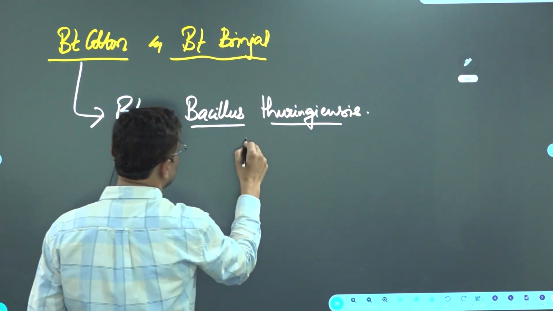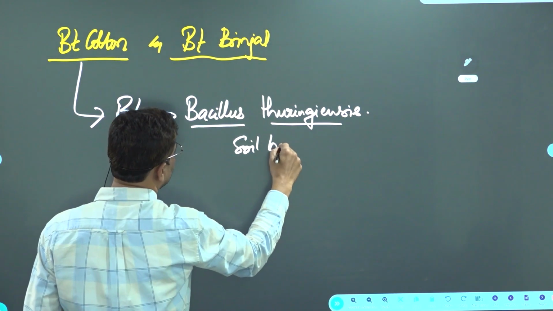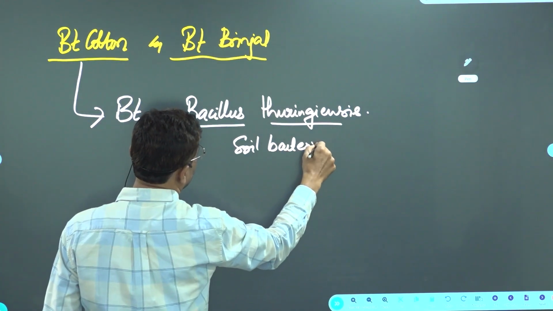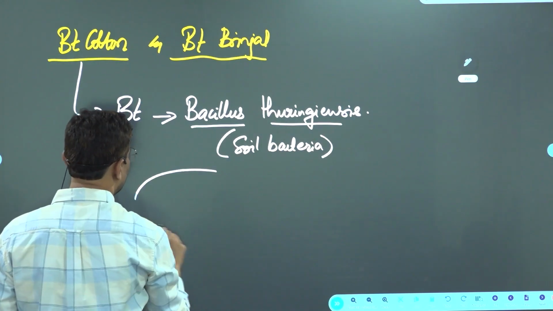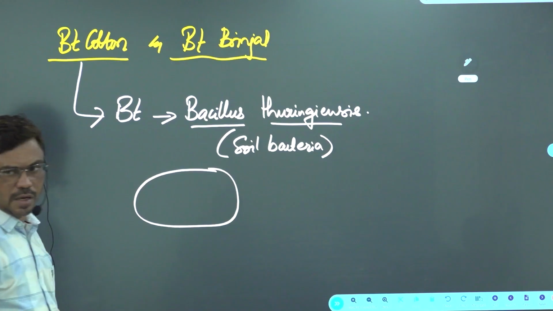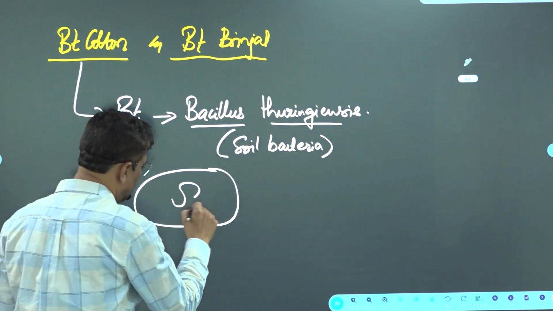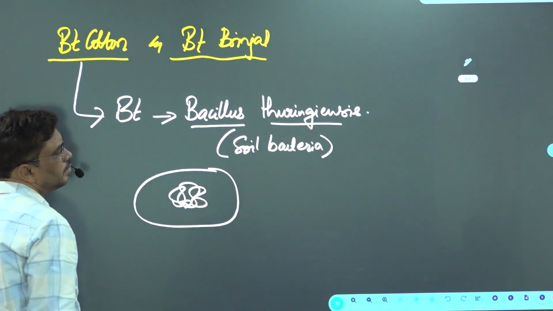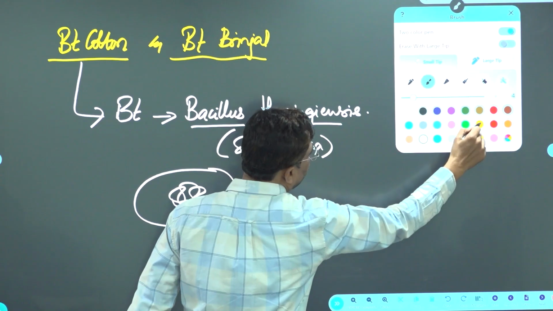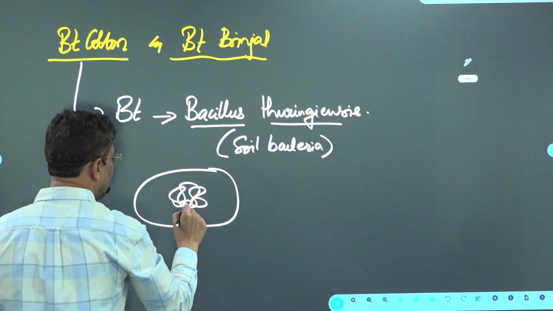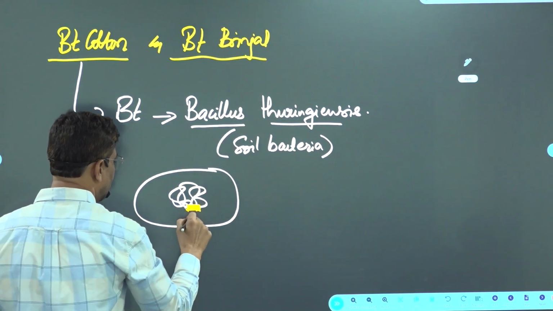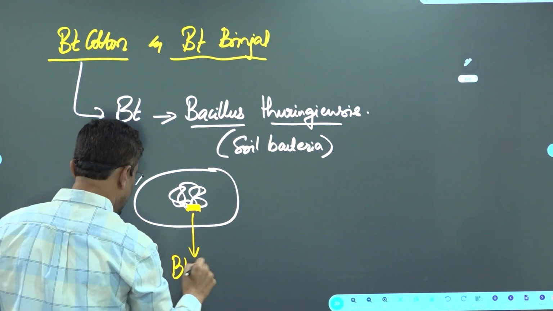Bacillus thuringiensis is a soil bacteria. It contains DNA, genetic material. So from this BT, it contains a gene. This is called the BT gene.